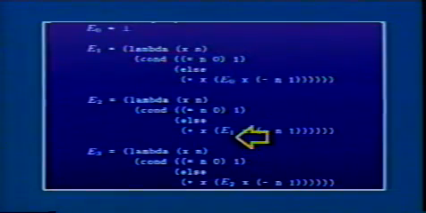However, I can use something for raising to the 0th power to multiply it by x to raise something to the 1st power. So E2 is good for both powers 0 and 1. Okay? And E3 is constructed from E2 in the same way. And E3, of course, by the same argument, is good for powers 0, 1, and 2.